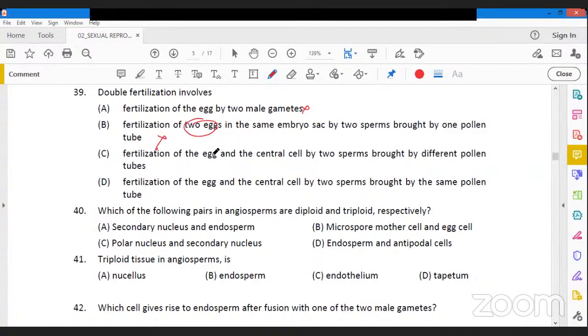Fertilization of the egg and the central cell by two sperms brought by different pollen tubes? No, there are no different pollen tubes, it is the same pollen tube. So fertilization of egg and central cell by two sperms brought by the same pollen tube is correct. So D would be the correct answer. Have a look, students.